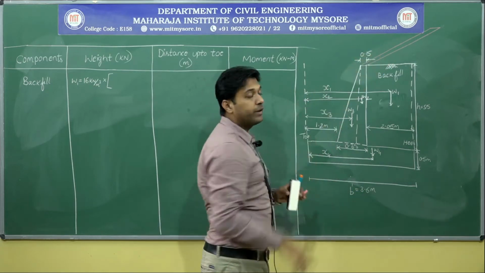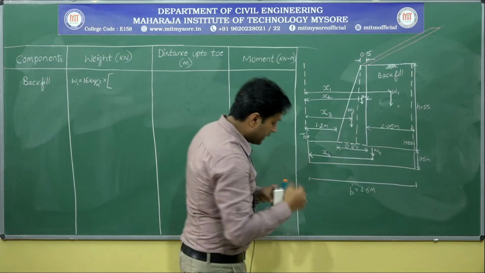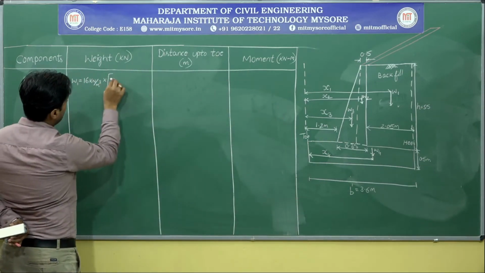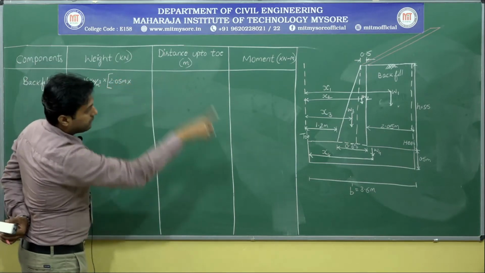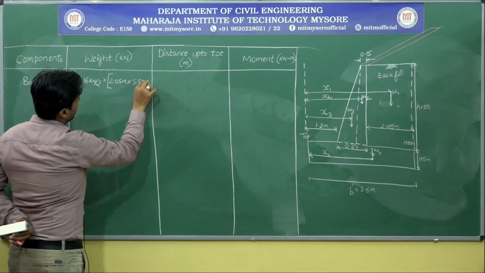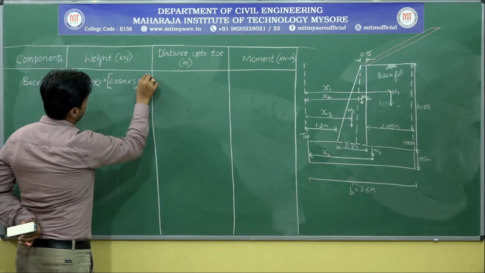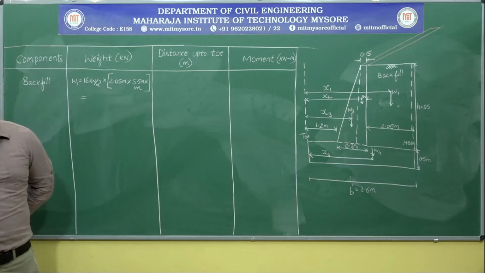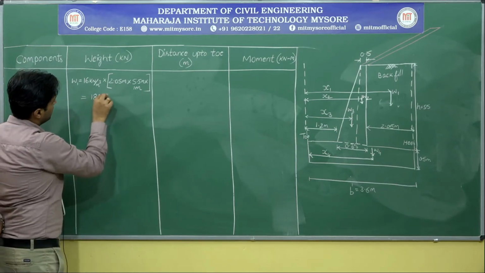So we'll consider it as 1 meter. So it is 2.05 meter into 5.5 meter into 1 meter. Directly let me take that value. It is 180.4 kilonewton.